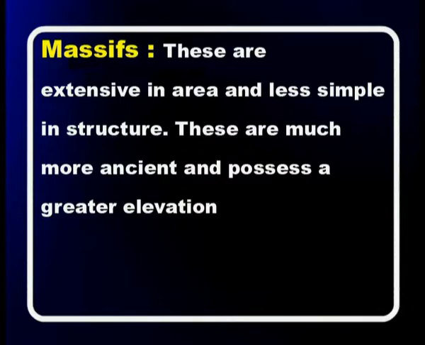The Spanish Meseta, the central highlands of Brittany in France, and the Laurentian highlands of North America are representative examples of this type. These are illustrated by massive fault displacements also.